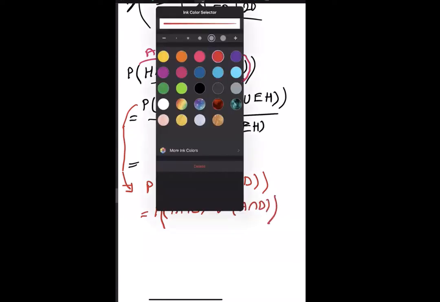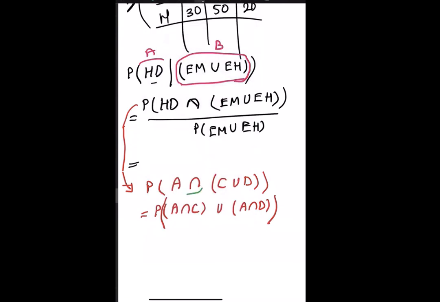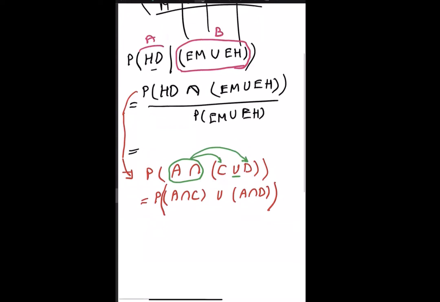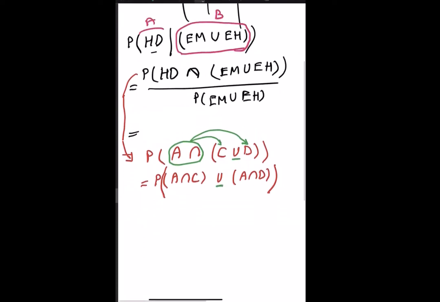Exactly. So this part is going to go to the first one, and then union. This part goes to the second one. Okay. So it's probability of A intersection C union A intersection D. Okay. Now, how do you write this?